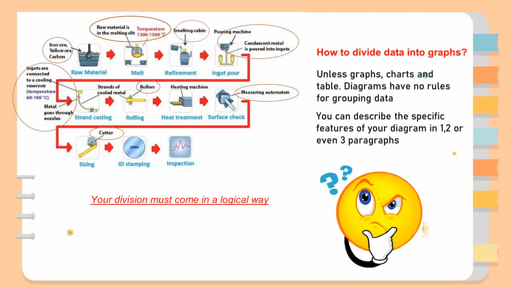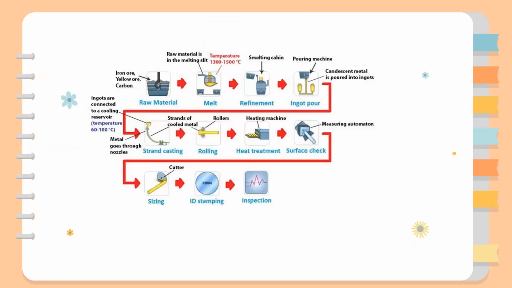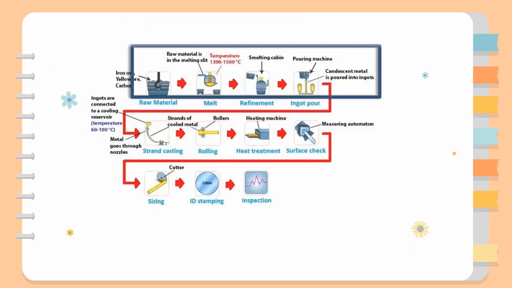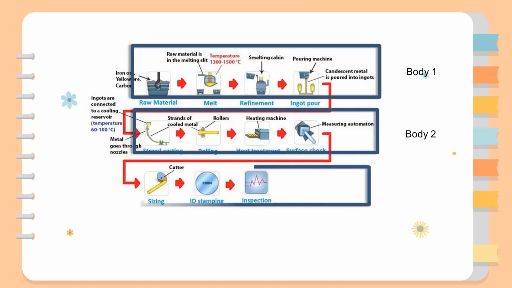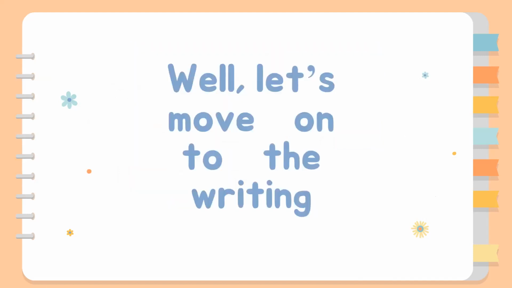I mean, you cannot explain it randomly. It may cause you problems or achieve a low score in the IELTS process. Okay, so this is how I divide. The first one is body 1, this is my body 2, and the last one is body 3. Okay, so let's move on to the writing.